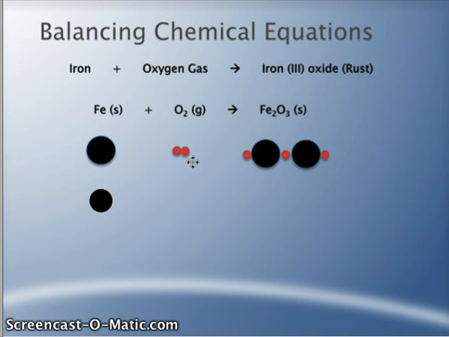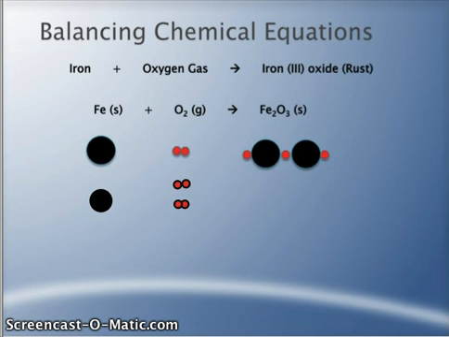So how could I make this side have 6 oxygens and this side have 6 oxygens? So if I was going to make this have 6 oxygens, what I can do is use three different molecules of oxygen gas.